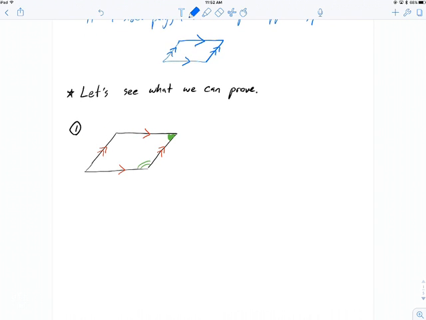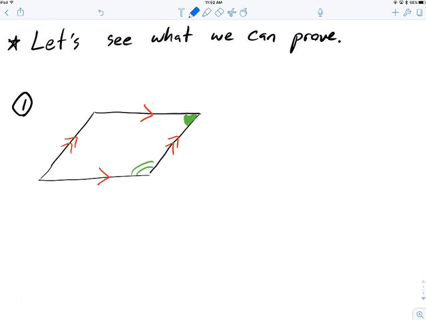Well, first, just looking at this shape right here, given these two angles, I know that if I'm walking down a line, I make 1, 2 turns, and I'm going along a parallel line, I've made a 180-degree turn in total. And this is true of any two angles next to each other, right?